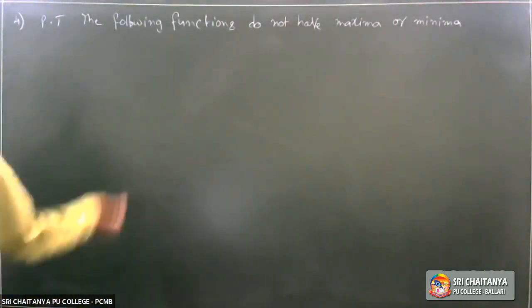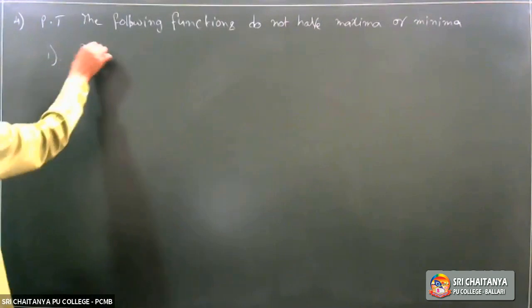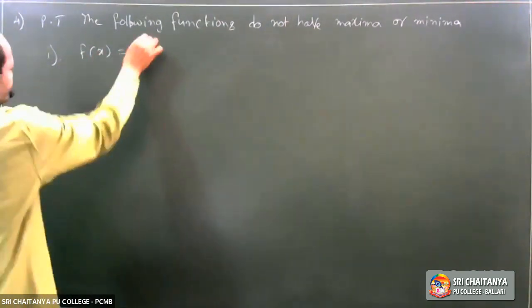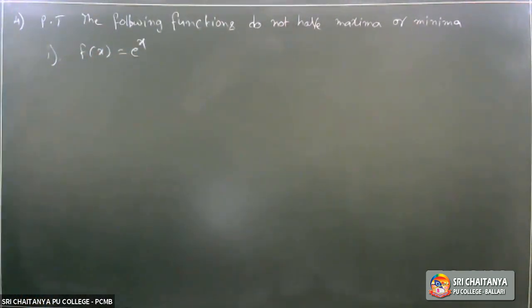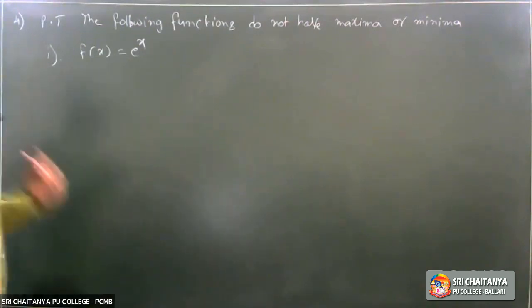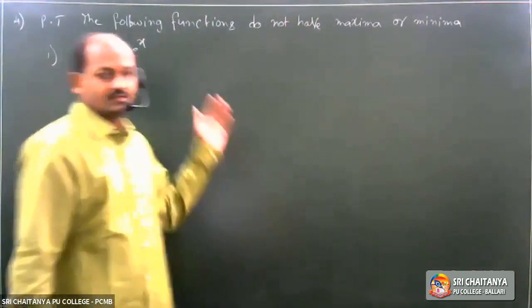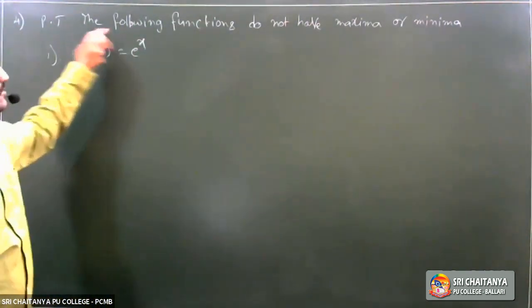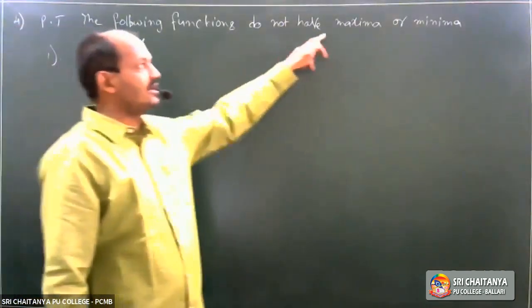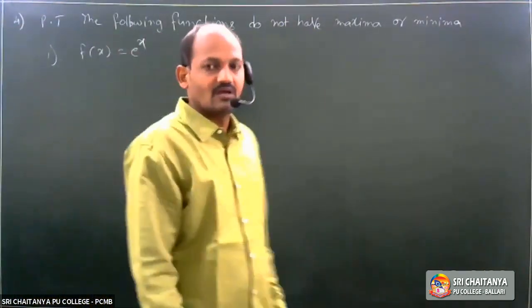First one, f of x is equal to e power x. Prove that the following functions do not have maxima or minima.